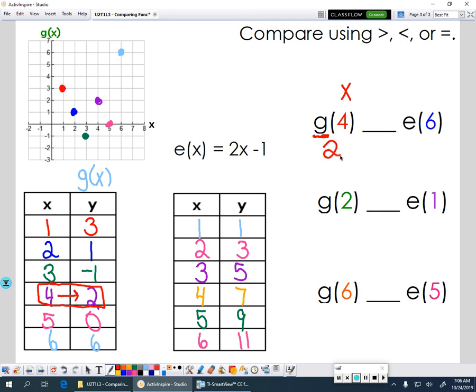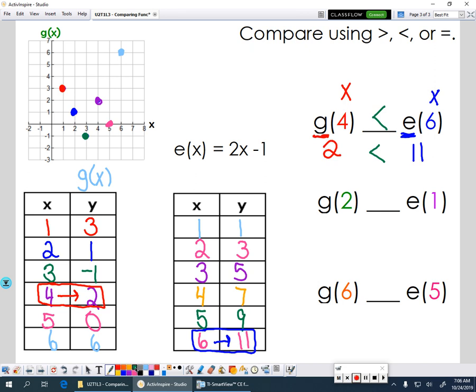I want to compare that to e of 6. Now remember, this is my x value for my equation. So I'm going to come over to my equation table, find 6. When x is 6, y is 11. So I can use that information. I know that 2 is less than 11, so I know that g of 4 is less than e of 6. All right, let's try the next one.